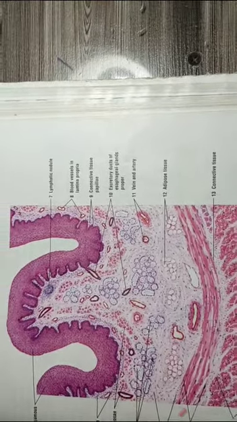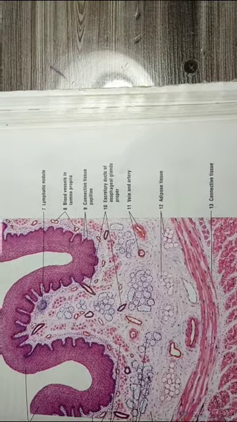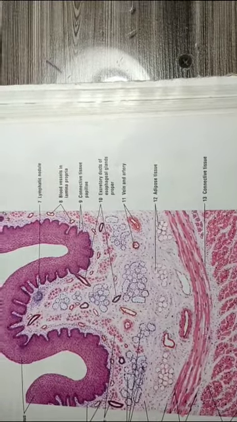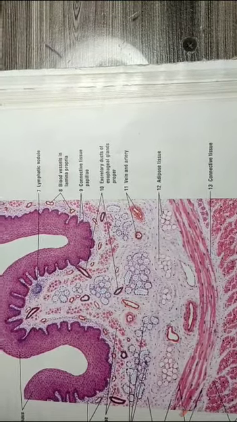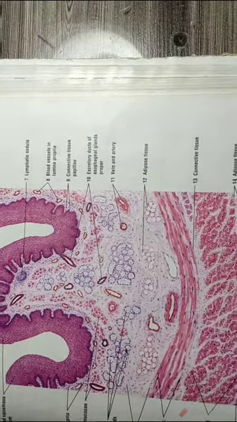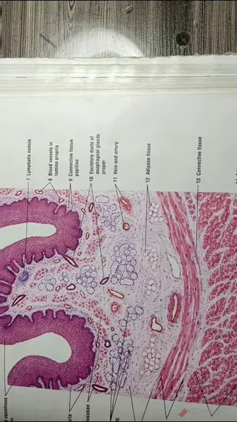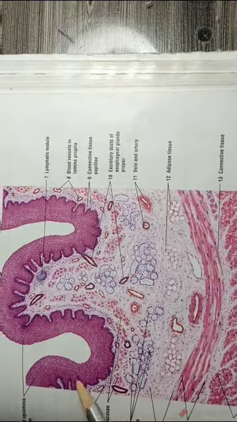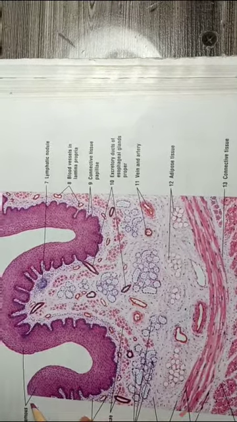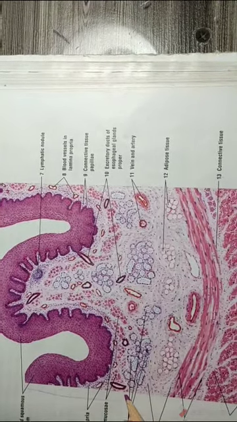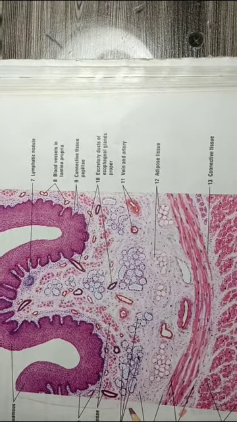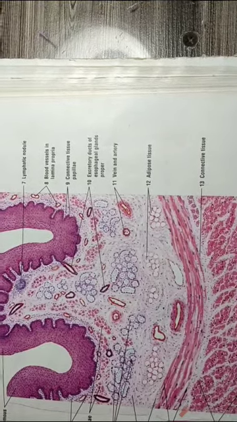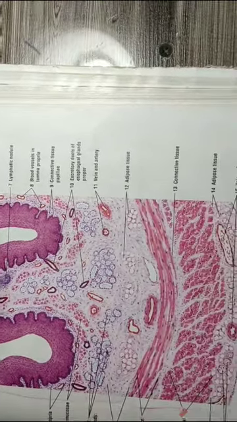Esophagus, as you know, is the muscular tube which connects the pharynx to the stomach, and this is the part of the GI tract. Now, as you know, the GI tract has a wall which consists of 4 layers: mucosa, from here to here mucosa, then the submucosa, muscularis externa, and then adventitia or serosa.